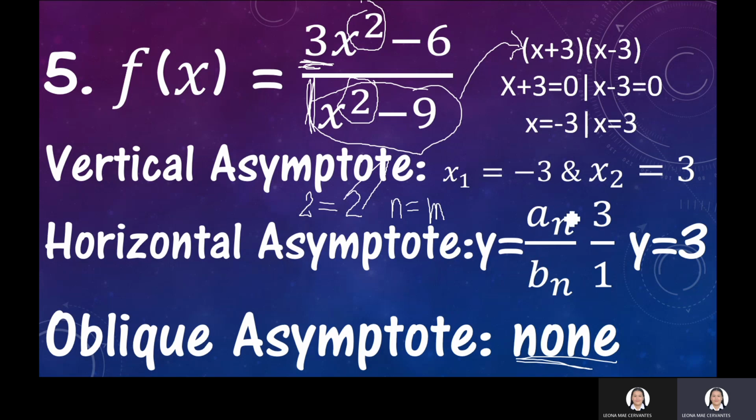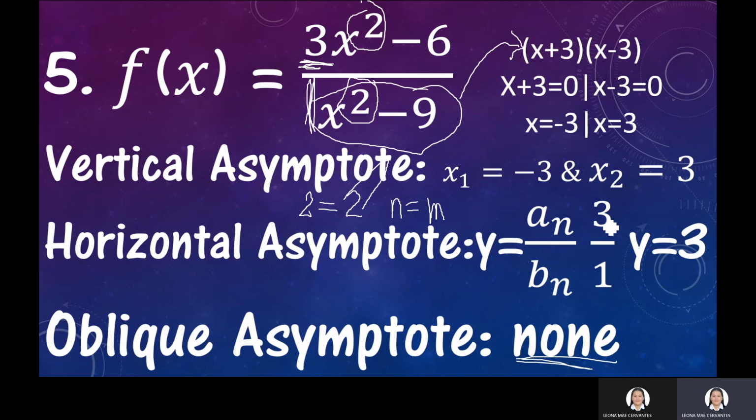The coefficient of the numerator is 3, the coefficient of the denominator is 1. So, we have 3 over 1. Simplify, y is equal to 3. Oblique asymptote, since we have a horizontal asymptote, the oblique asymptote is none.